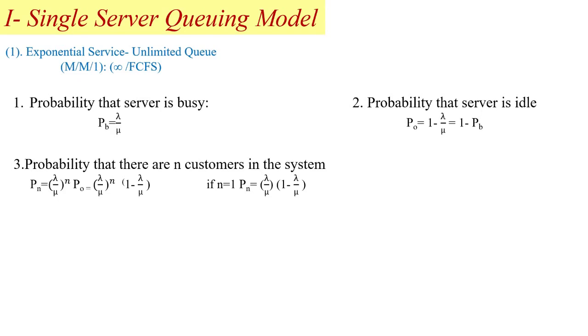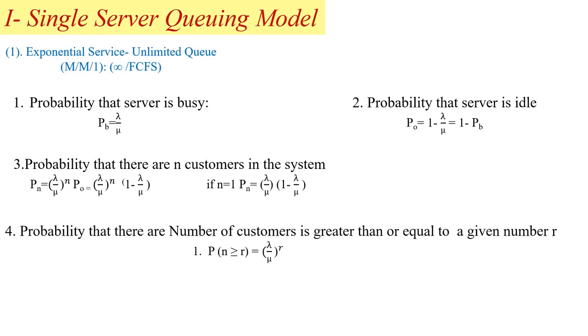We get Pn equal to lambda by mu into 1 minus lambda by mu. If they ask for 2 customers in the system, then n becomes 2. Substituting the n value in the previous equation, you will get P2 equal to lambda by mu whole square into 1 minus lambda by mu.